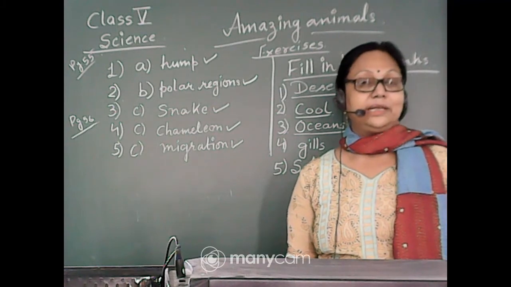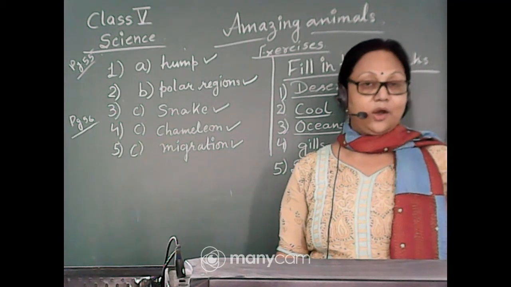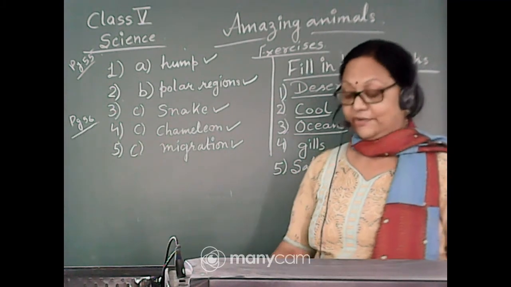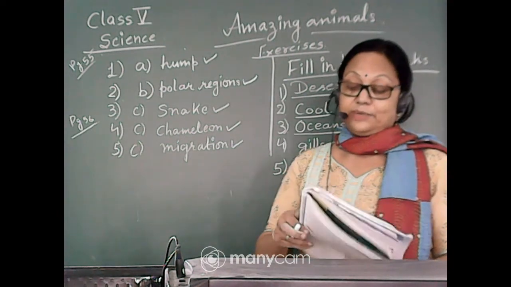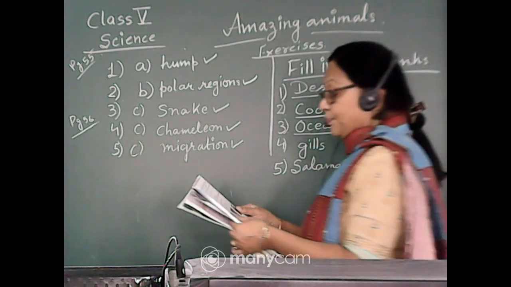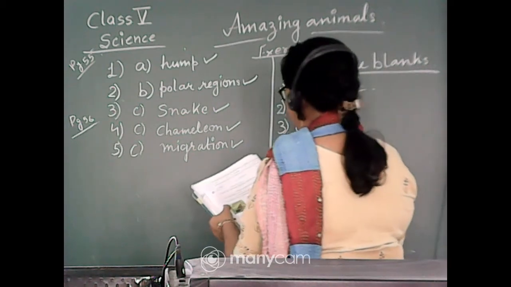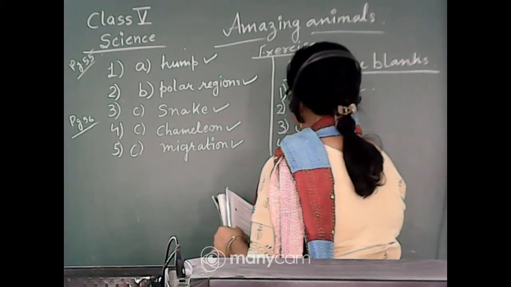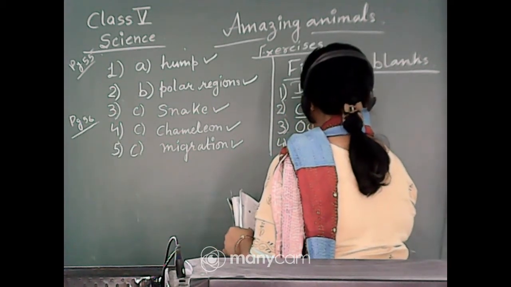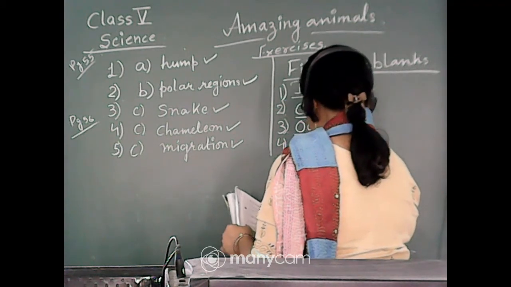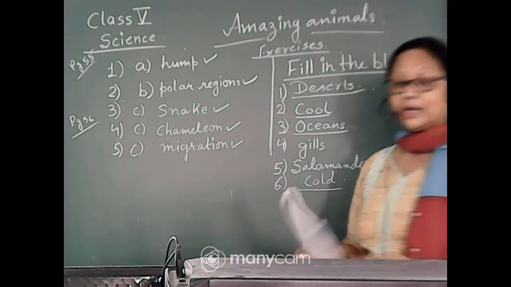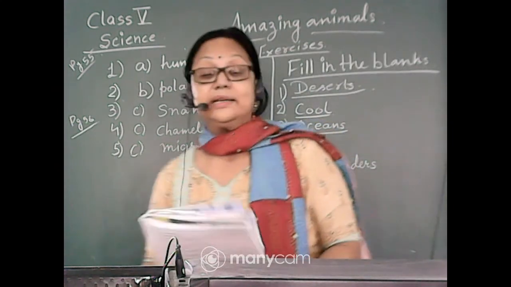So any mountain, as you go to higher altitude, is a very cold place. So polar regions and high mountains are very cold places. The sixth one is cold. Okay, so all the fill in the blanks are done.